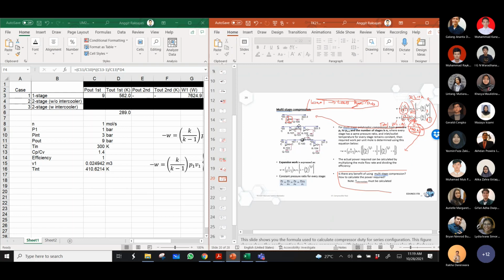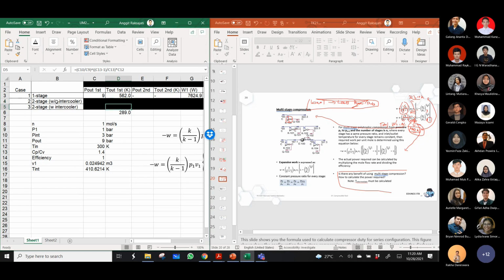So from the hot temperature over here, the temperature out at the second stage should be as hot as the T out in the 1-stage process. So it should be around 562 Kelvin as well, if you put it correctly.